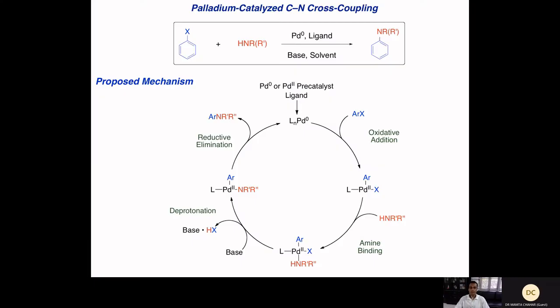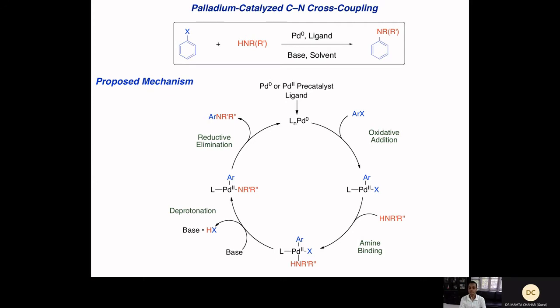In the last class, we were discussing palladium catalyzed carbon nitrogen cross coupling reactions. Essentially, we needed to improve the synthesis of amine. Synthesis of amine with an aryl ring is indeed challenging, right?